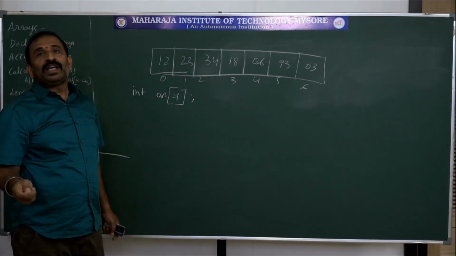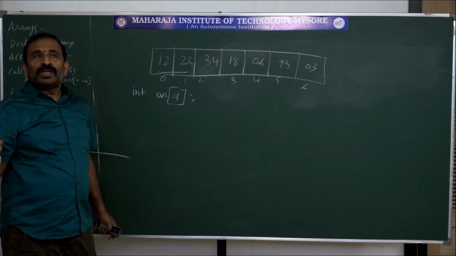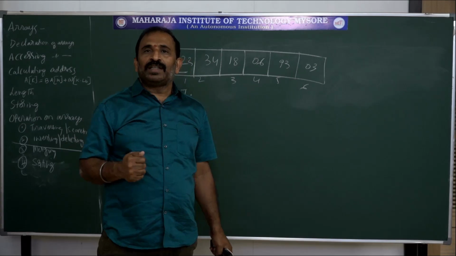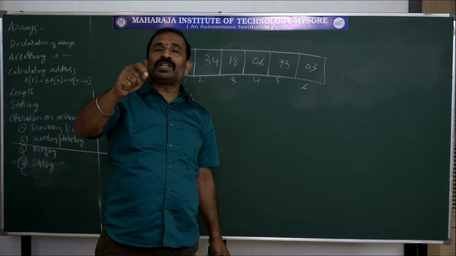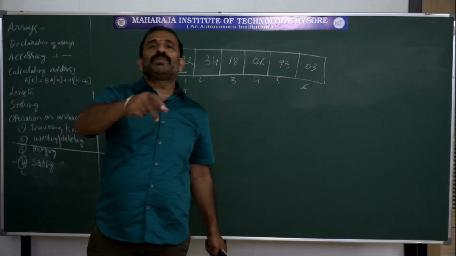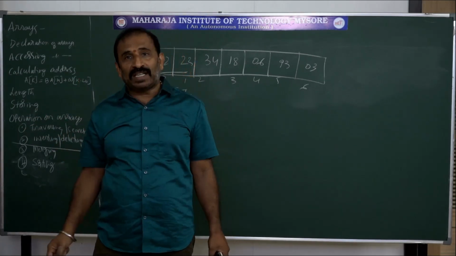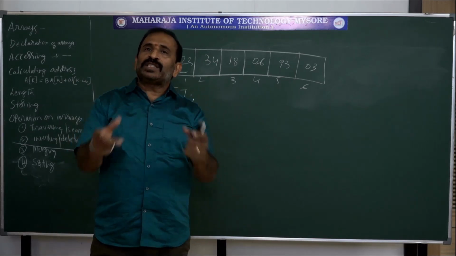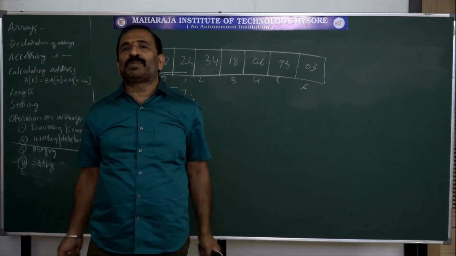I will be moving. Now, traversing for what reason? Why are you traversing? If there is any intention, then it is called searching. If you are simply traversing without any intention, it is usually for the purpose of display.